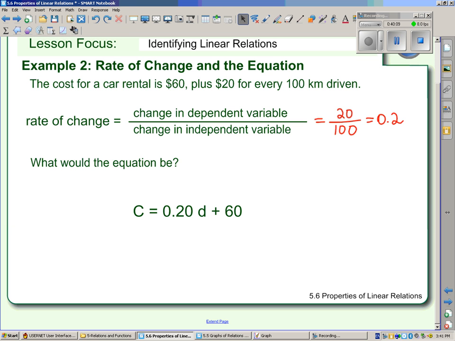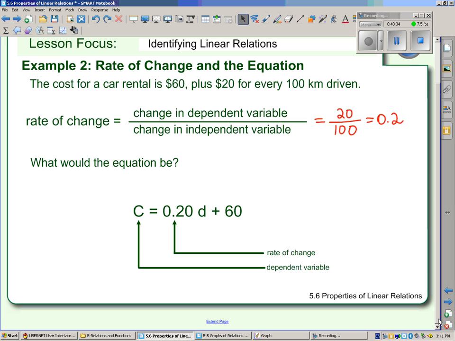What do these things represent? What does C represent? The cost. It represents my dependent variable. What's 0.20? That's my rate of change.